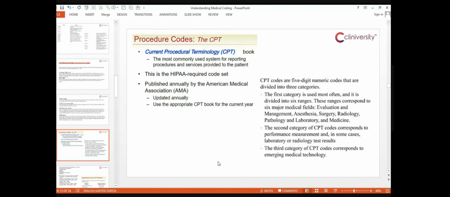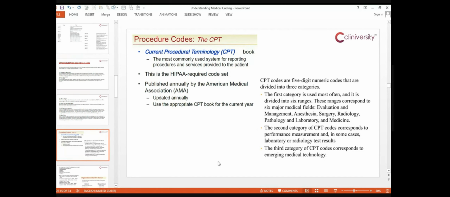CPT codes are 5-digit numeric codes that are divided into 3 categories. The first category is used most often, and it is divided into 6 ranges. These ranges correspond to 6 major medical fields. Now, I'm talking about the first category. Okay, there are 3 categories under CPT codes.